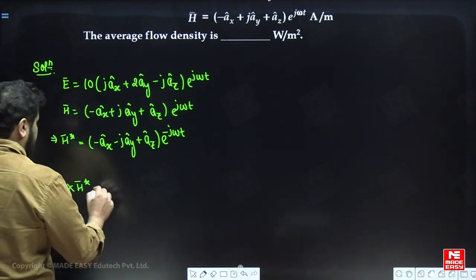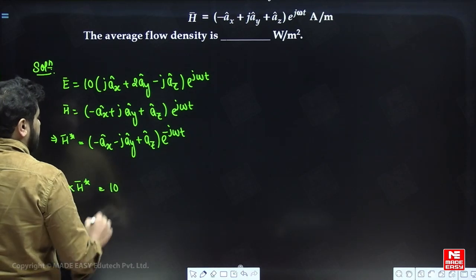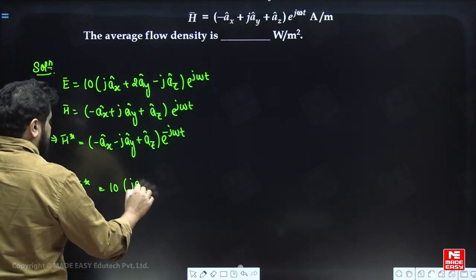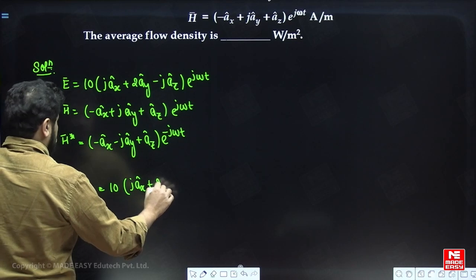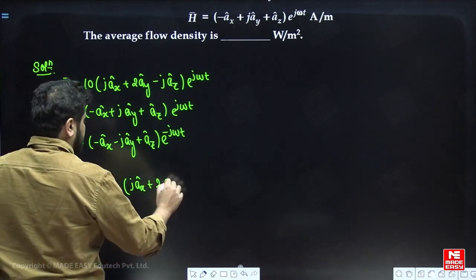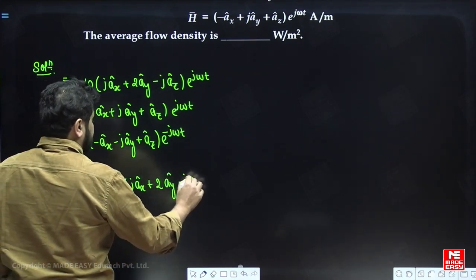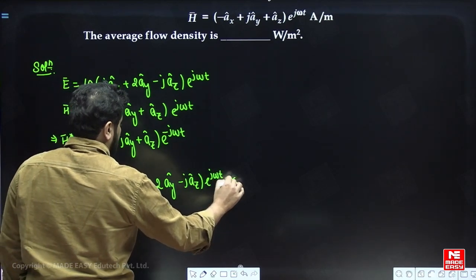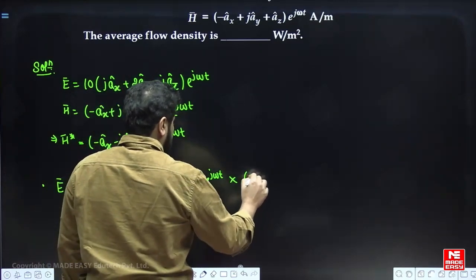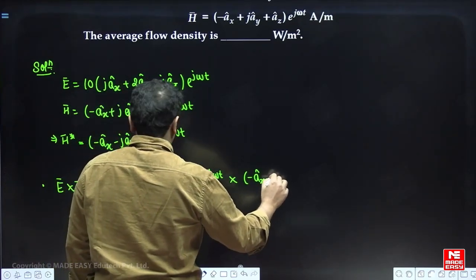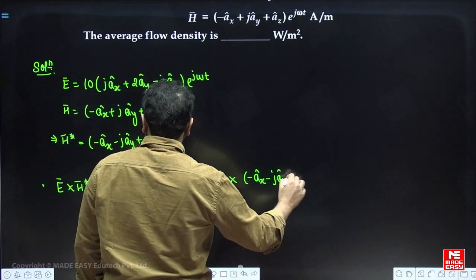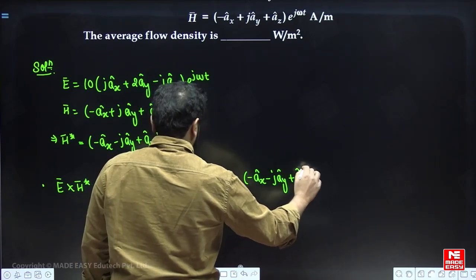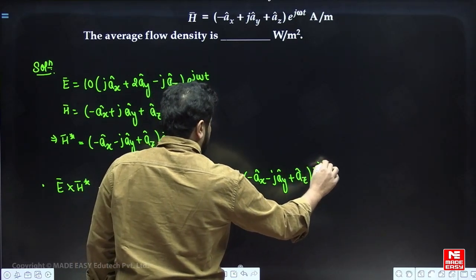E is 10 times (j AX plus 2 AY minus j AZ) e to the power j omega t, crossed with H conjugate, which is minus AX minus j AY plus AZ, e to the power minus j omega t.